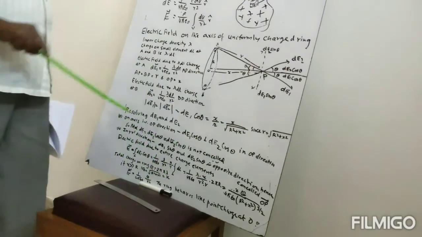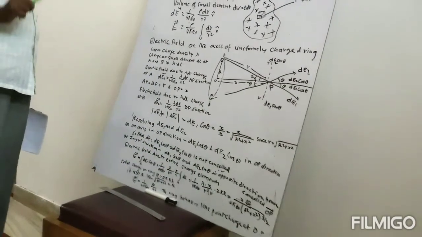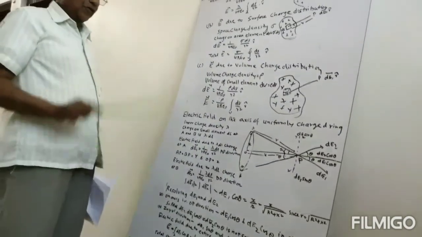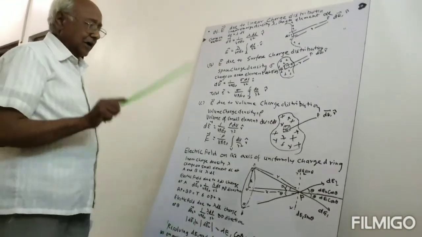So in this way we can apply the line integral to find the electric field due to this ring.